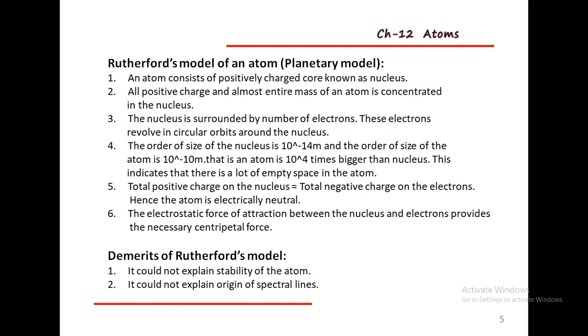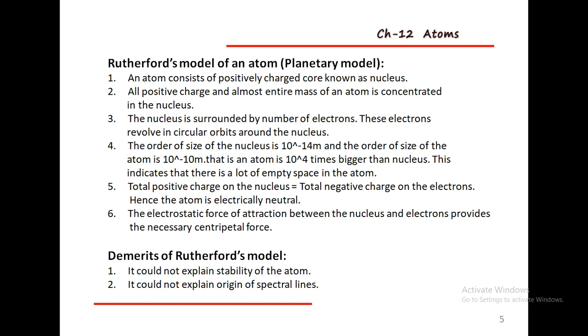According to Rutherford, the atom has a nucleus and it is completely positively charged. Second, all positive charge and almost the entire mass of an atom is concentrated in the nucleus. So all positive charges are present in the nucleus and almost the entire mass is present in the nucleus.